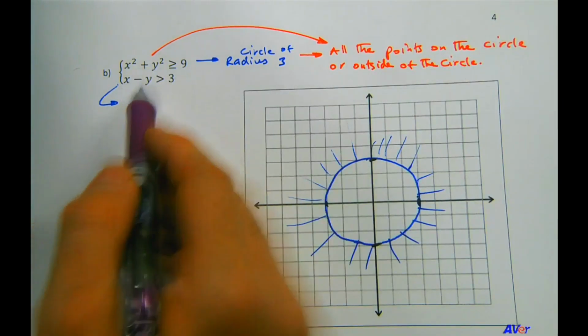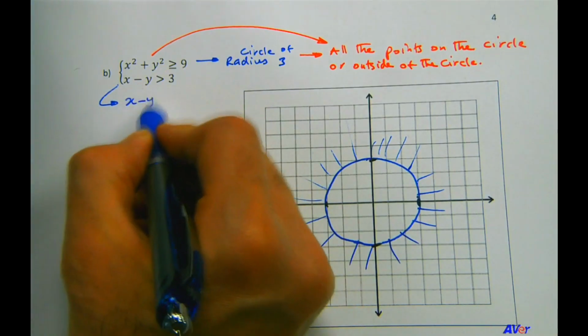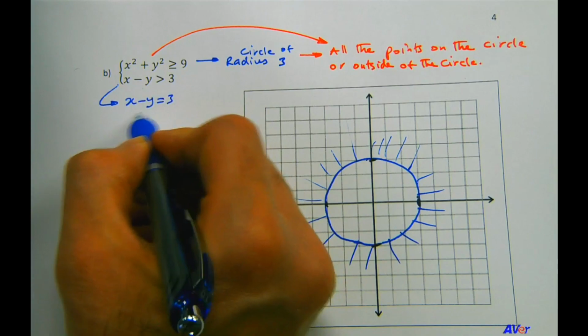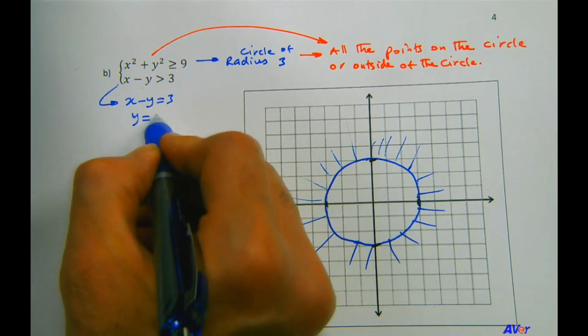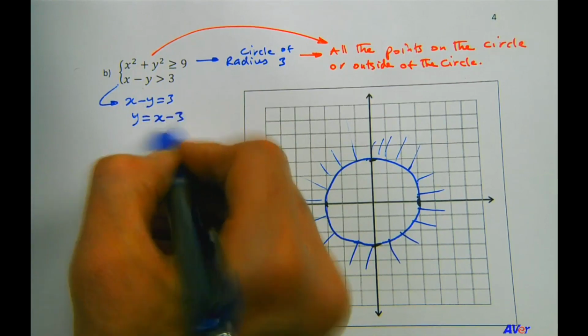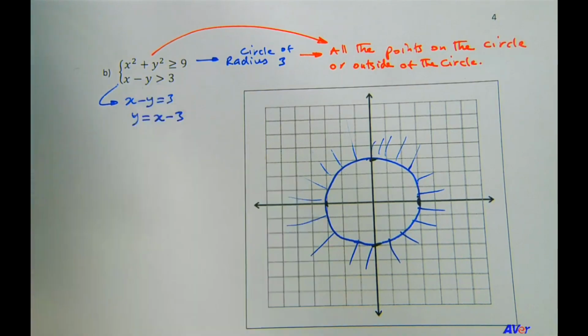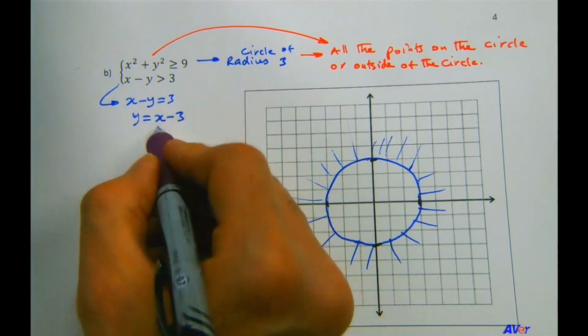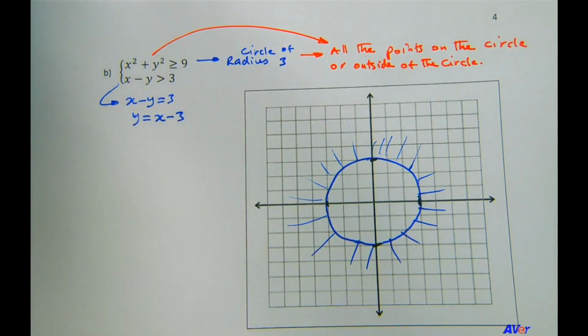Now this one, it's a line, right? So x minus y equals 3, or we can solve this for y. It'll be y equals x minus 3. That's that line. So let's find the intercepts.